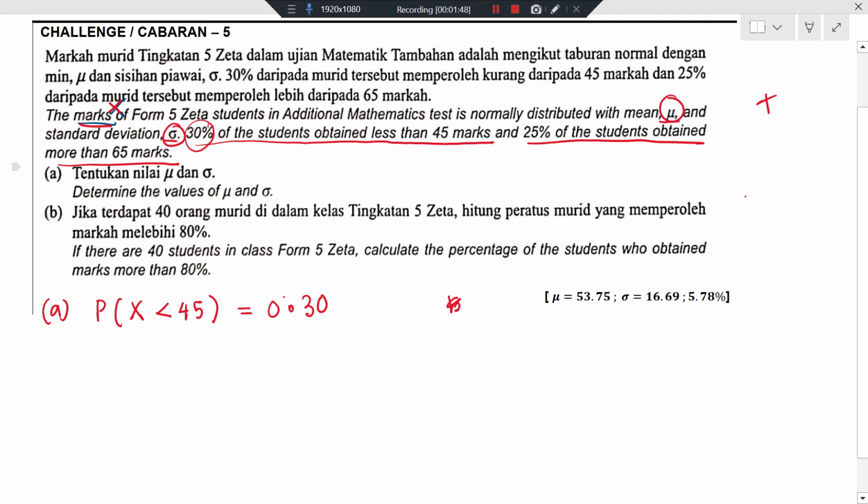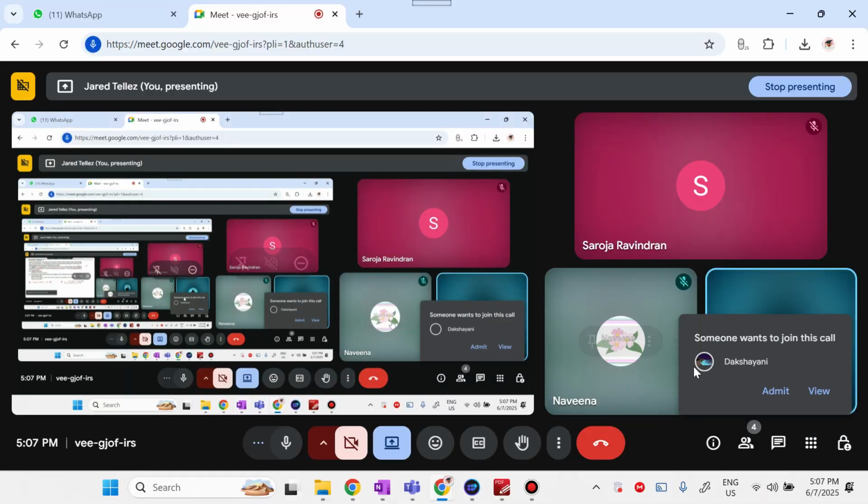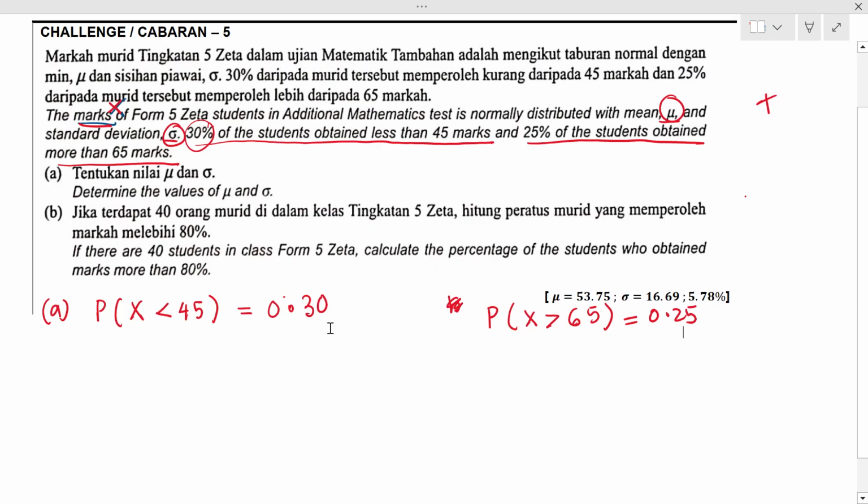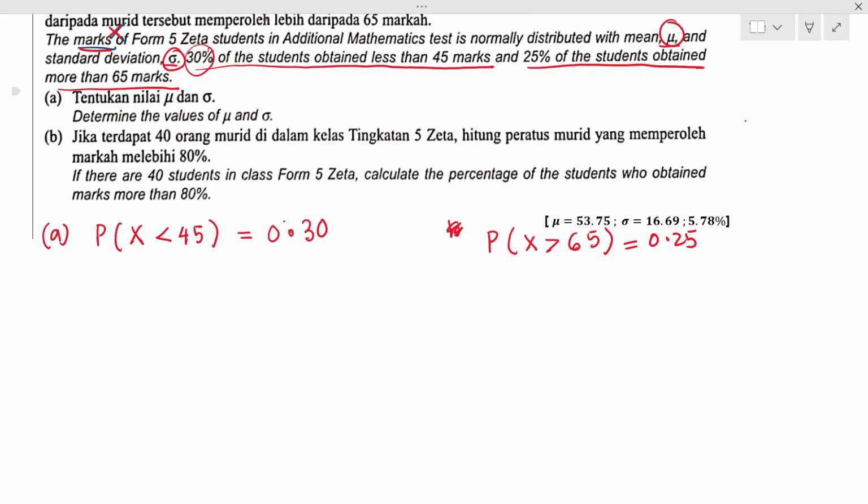And the second part given to us, 25% of the students obtain more than 65 marks. That means X more than 65 is equal to 0.25.